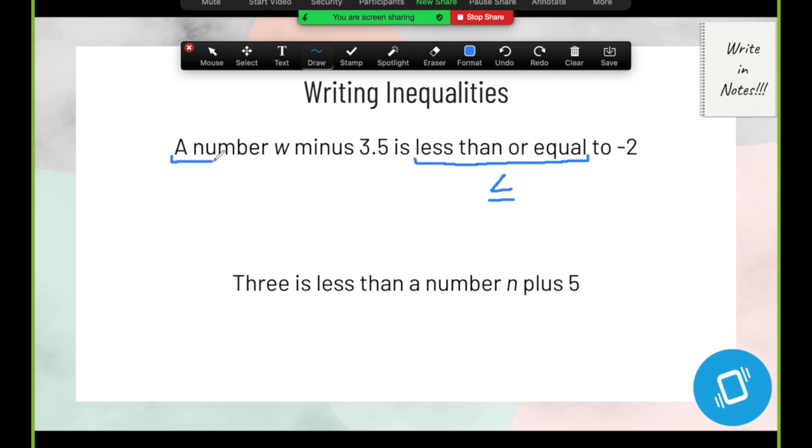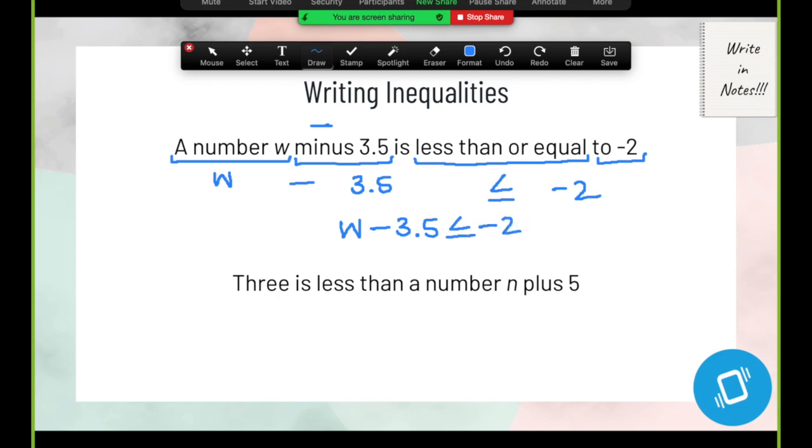It says a number w, so I'm going to write down the variable w, and it's minus 3.5. Minus means that we're doing the subtraction operation, so I'm going to subtract by 3.5, and is less than or equal to negative 2. So I'm just going to drop down that negative 2. So in the end, a nicer version of it would be w minus 3.5 less than or equal to negative 2.